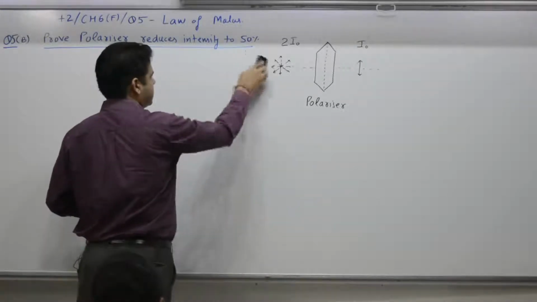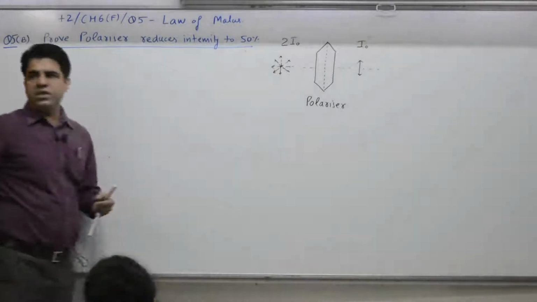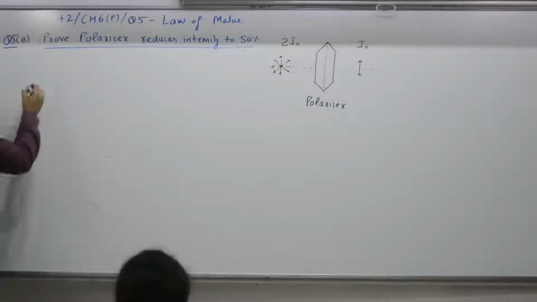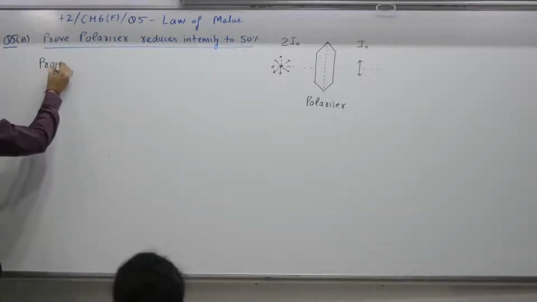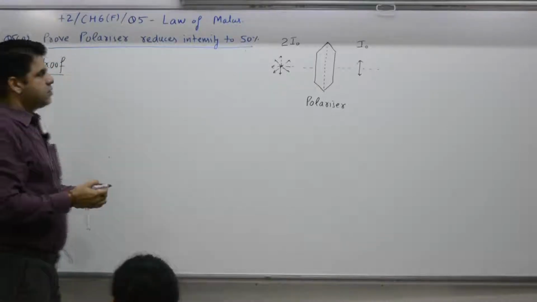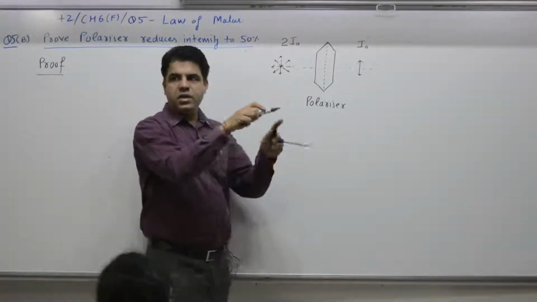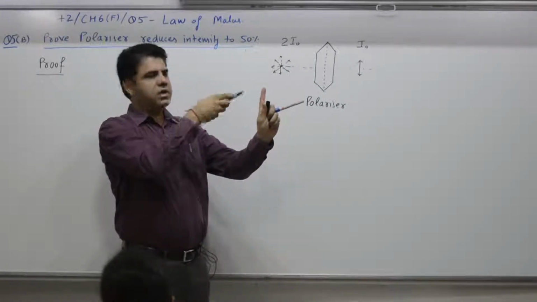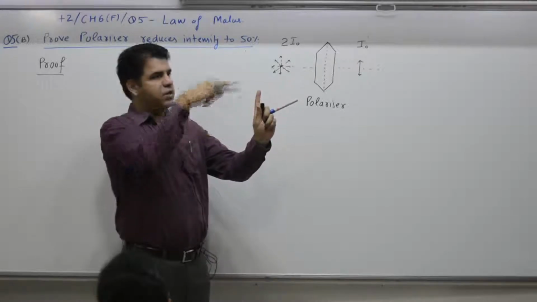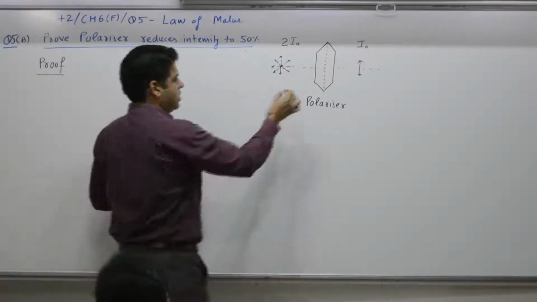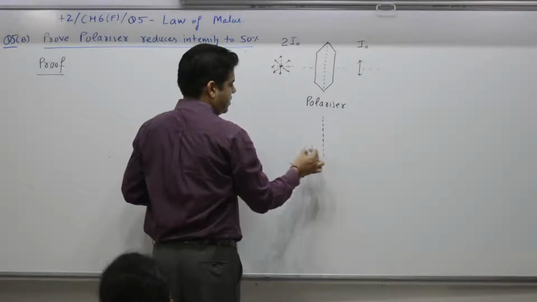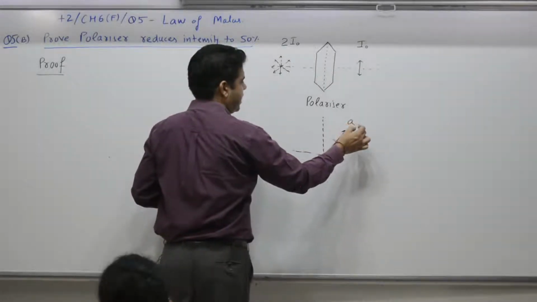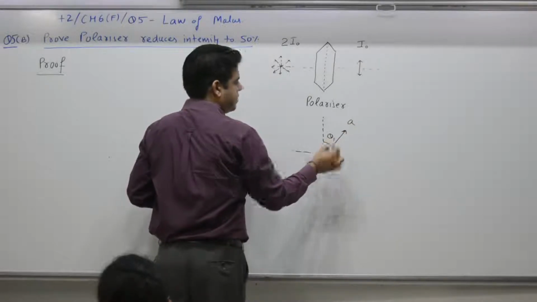A Polaroid or polarizer will reduce the energy to 50%. This is what we want to prove. See, all these oscillations are making some angle. This oscillation makes 0 angle, this oscillation makes 90 degrees. What about the others? If this is the axis, some wave with amplitude A makes angle theta 1.